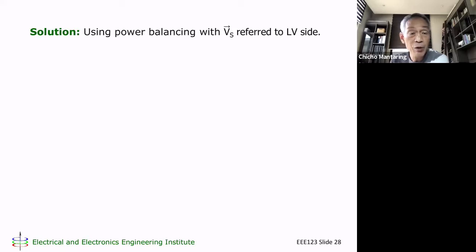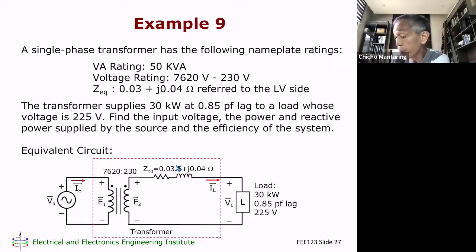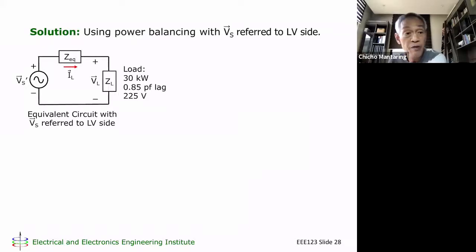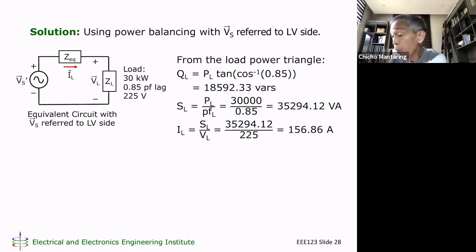So there are several solutions. For example, you can use power balancing with VS referred to the low voltage side. So ito, I will refer this to the low voltage side. So this is going to be VS prime, the equivalent circuit with VS referred to the low voltage side. From the load power triangle, I can compute for Q and for S, which is equal to P over power factor.